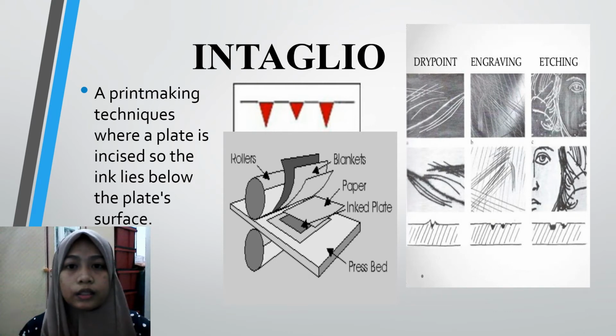The techniques of intaglio printing are engraving, drypoint, etching, mezzotint, and aquatint. You can see the process in the image on my slide. For the matrix of intaglio printing, you have to use a metal plate or hard plastic cover. Examples of metal plates you can use are copper, zinc, aluminum, or magnesium.